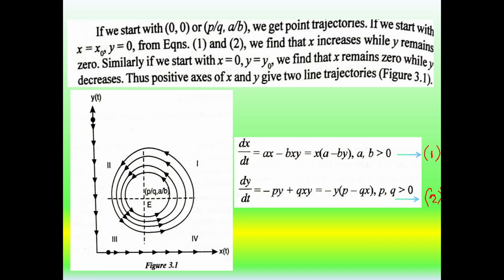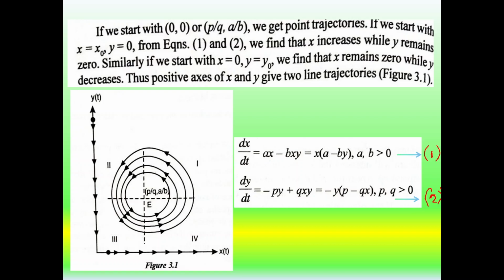If we start with x equal to x naught and y equal to 0, from equations 1 and 2, which are given here in the formats of dx by dt as well as dy by dt respectively, we find that x increases while y remains 0, because in equation number 1 the expression of y has a negative sign. Therefore, we conclude x increases while y remains 0.